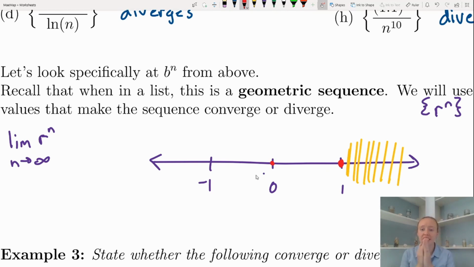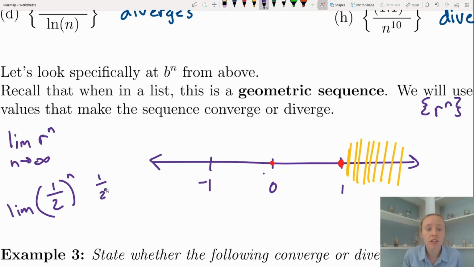What happens between 0 and 1? Well, think about if I had r as some fraction between 0 and 1. For example, let's take a look at 1/2. If I was raising this to the n and taking the limit of it, well, distributing my exponent through, 1 to the n is going to be 1 over 2 to the n.